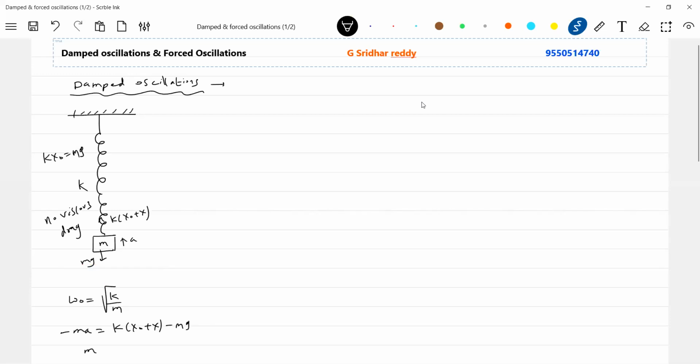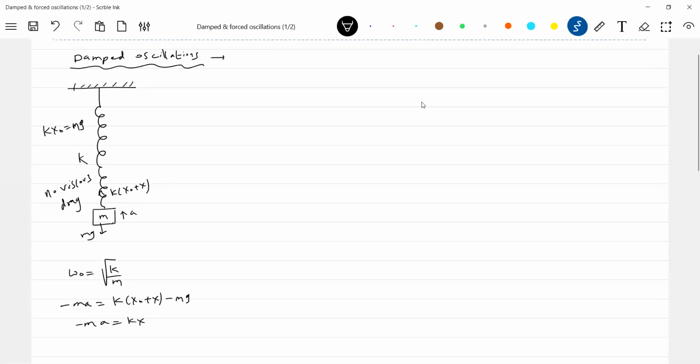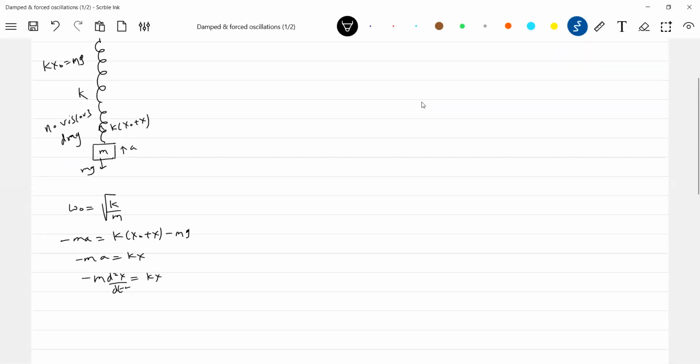So what is the restoring force? Minus ma equal to kx. Or further, this will be written as minus m d square x by dt square. So this is the equation of the SHM. Further, we'll write omega square equal to omega naught square equal to k by m.